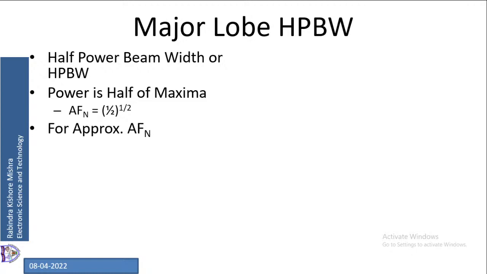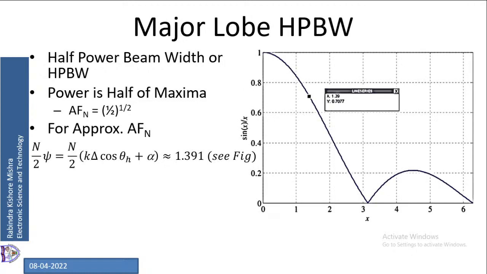For approximation, we get n by 2 psi is equal to n by 2 into k delta cos theta h plus alpha, which is approximately equal to 1.392. Theta h is for half power beam. That is the point where it will be half power beam width.